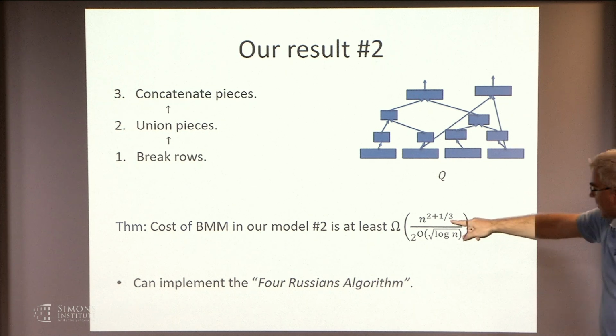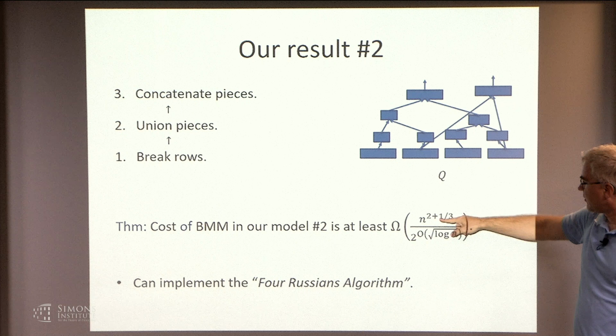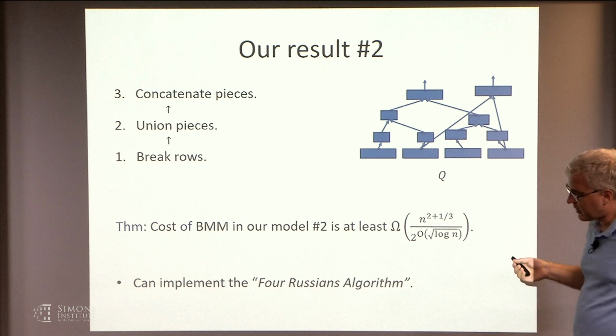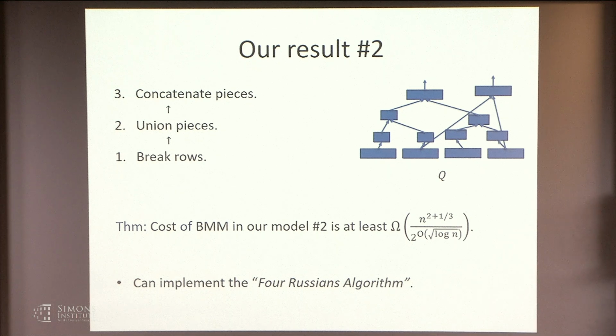We get a super quadratic lower bound, in particular n to the 2 plus 1 over third, divided by 2 to the order square root of log n, on the cost of doing Boolean matrix multiplication in this model. And this model is good in the sense that it at least is able to capture the first of the log-shaving algorithms. That algorithm is sometimes called the Four Russians algorithm, although none of them was apparently Russian.